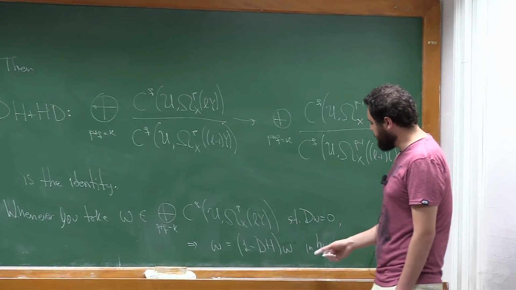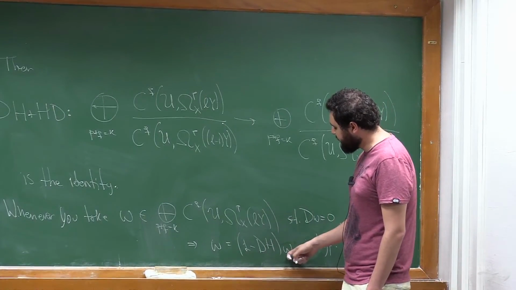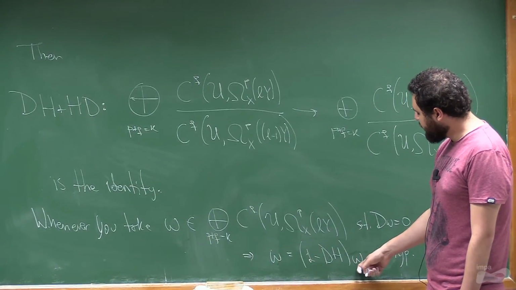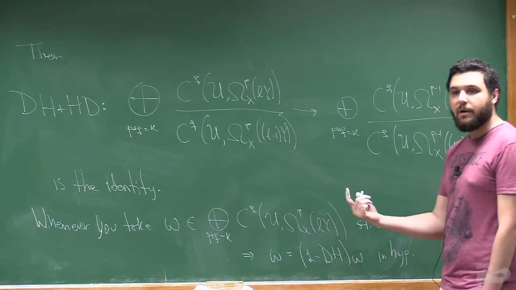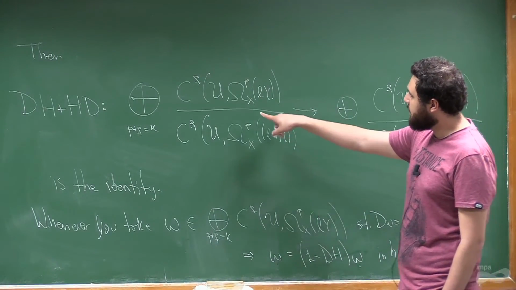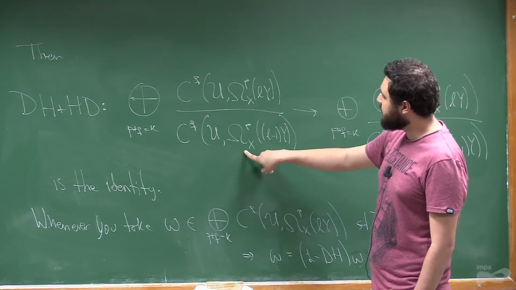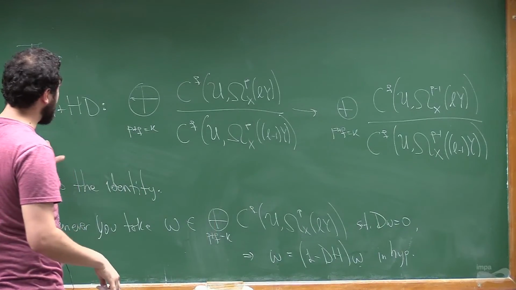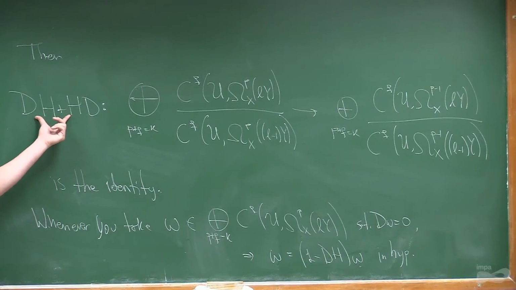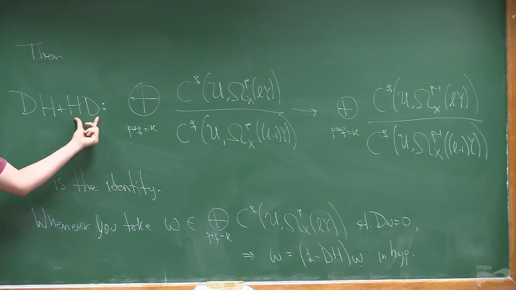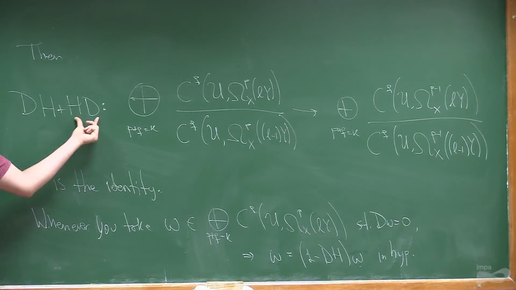So this will also be a representative of the hypercohomology class of omega, but the pole order will be reduced by 1. Because when you look at this in this quotient, you will get the identity, so 1 minus this part is exactly this applied to omega, which is 0.